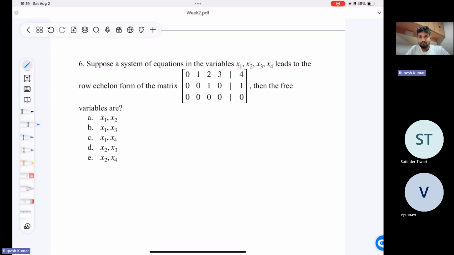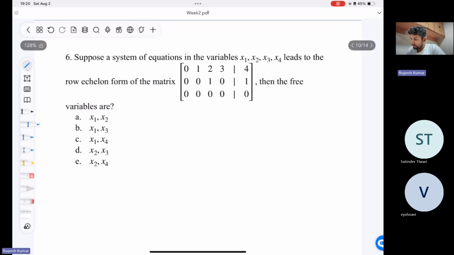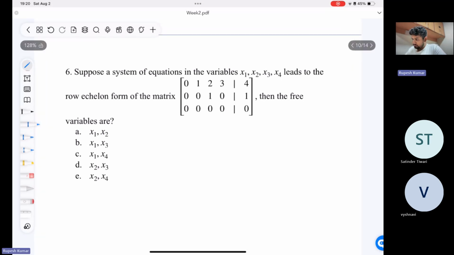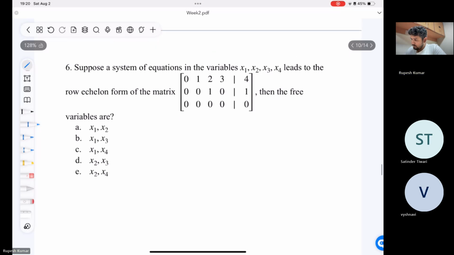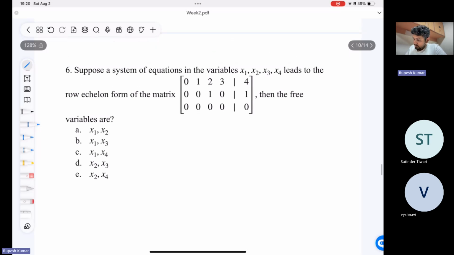Anyone, can you answer this problem for me? Okay, fine. Let me explain. Now, let me again write this matrix here in the form we want to see it. So we have 0, 1, 2, 3, 0, 0, 1, 0, 0, 0.